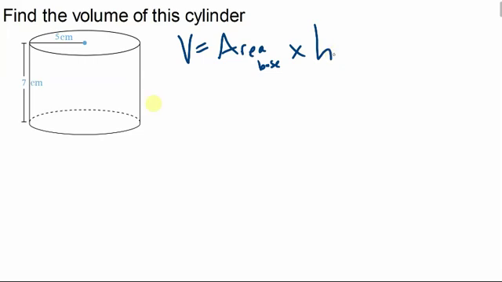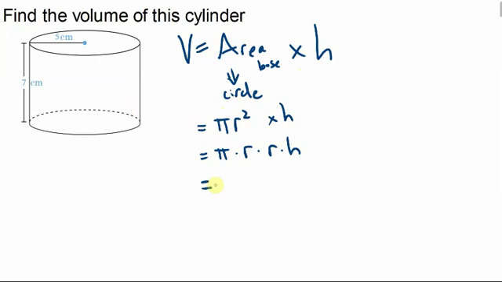Now, check out that area. That shape happens to be a circle, which we know the area to calculate, if you recall, is pi r squared. And now we're timesing that by height. So what we have is pi times r squared times h.